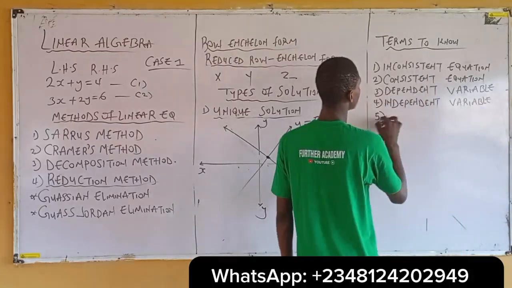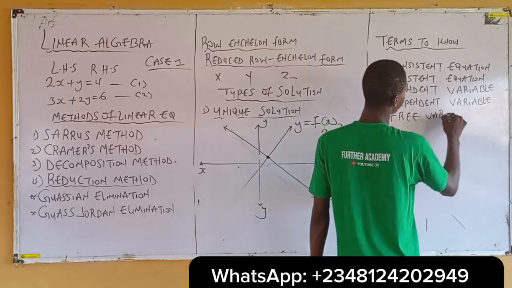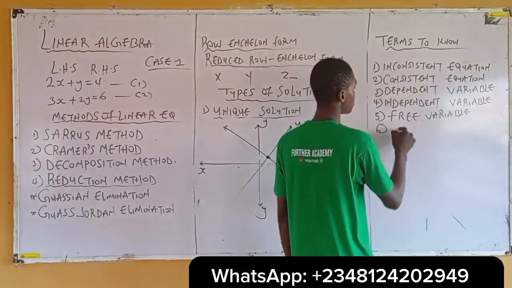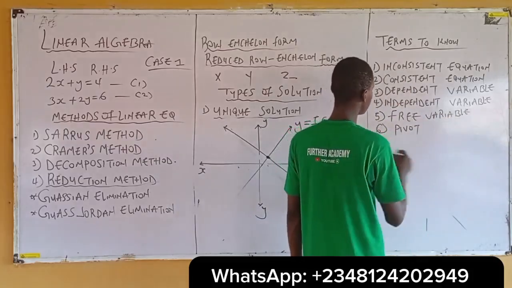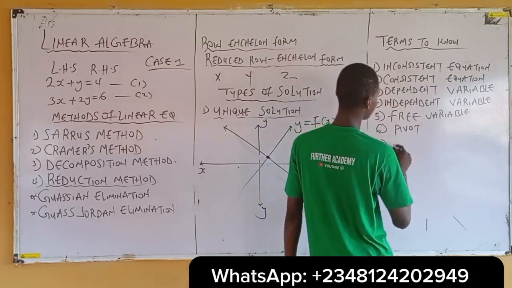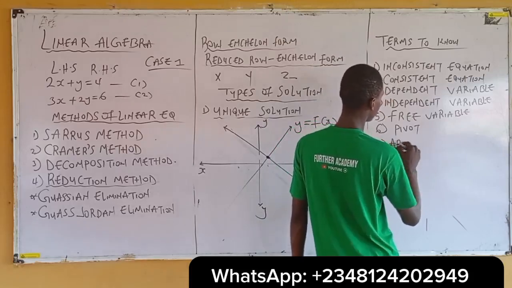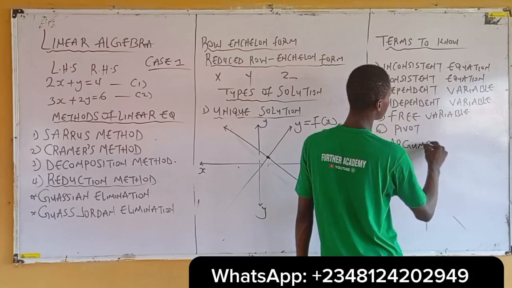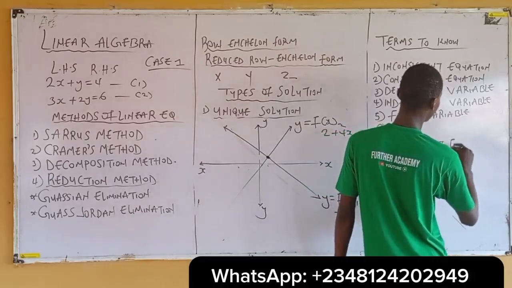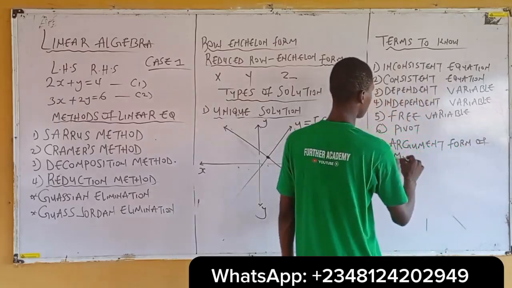The fifth one, we have free variable. Number 6, we have the pivot. And the last one, we have the augmented form of matrix.